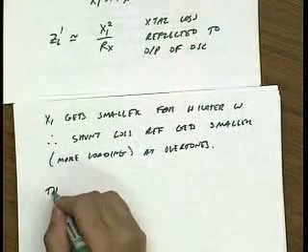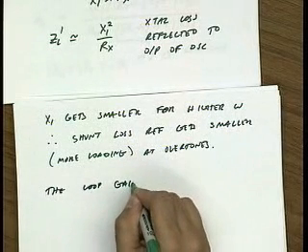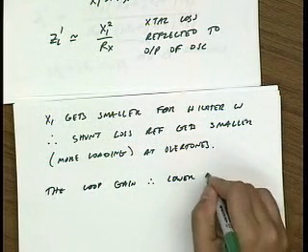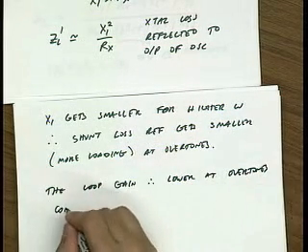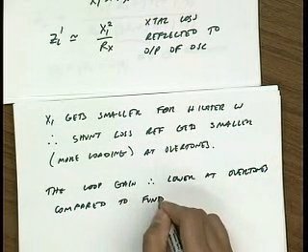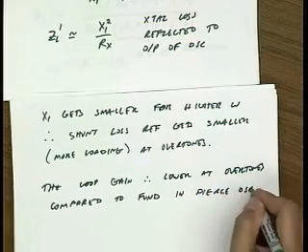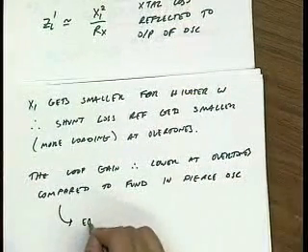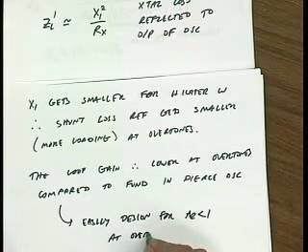That means the loop gain is therefore lower at overtones compared to the fundamental in the Pierce oscillator. So that means we can easily design for loop gain less than 1 at overtones.